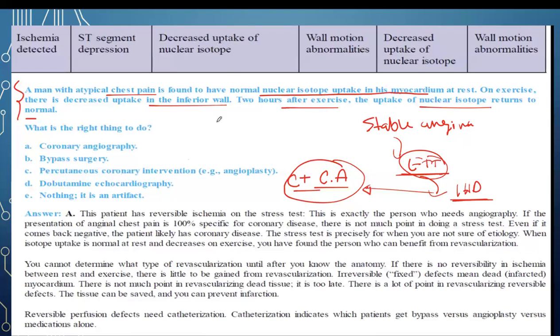So in this patient, after that, you would do a coronary angiogram, because coronary angiogram will find out if this patient has got a significant block. By significant block, we mean more than 70% stenosis in any of the coronary arteries.